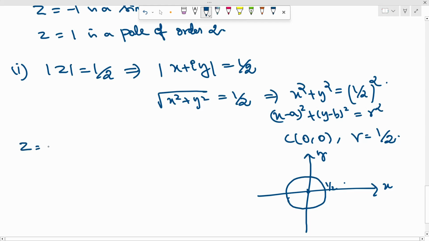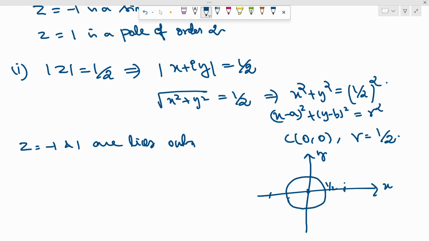Okay, now in this problem we have two poles, which are minus 1 and 1. If we check with this diagram, both poles lie outside the circle. Plus 1 and minus 1 will come on either side, outside. In this case, using Cauchy's integral theorem, we can write the final solution. Z equals 1 and minus 1 lie outside the circle, modulus of z equal to 1 by 2.